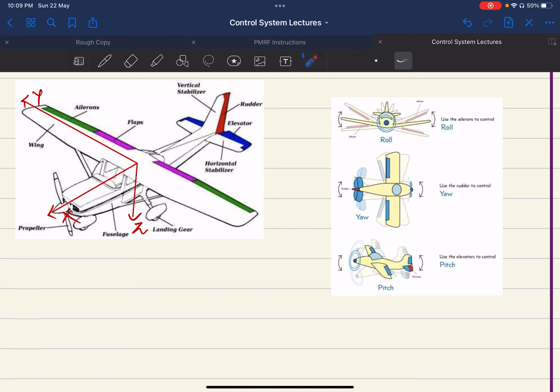Aileron will help in the roll. Roll is the rotation about the x-axis, yaw is the rotation about z, and pitch is the rotation about y. When my aileron, these flap-like things, goes up or down, my vehicle will be tilting like this or like this.